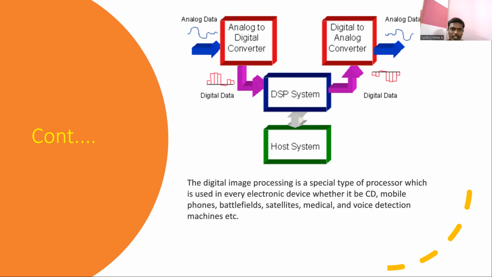Digital image processing is a special type of processing which is used in every electronic device, whether it be CDs, mobile phones, battlefields, satellites, medical equipment, or voice detection machines. So not only in our day-to-day life. For example, Photoshop is a good example of transformation from analog signal to digital signal. Not only in day-to-day life, satellite images, medical images, voice detection machines, and battlefields in defense, DRDO, defense signals, all use this type of method and algorithm for conversion of images and for getting a clear picture.